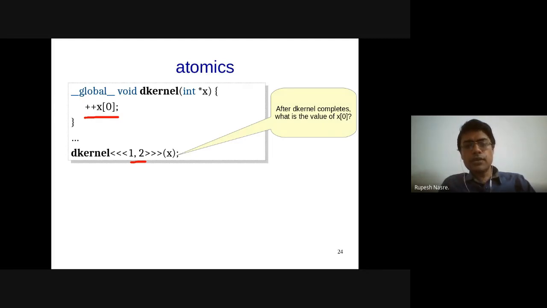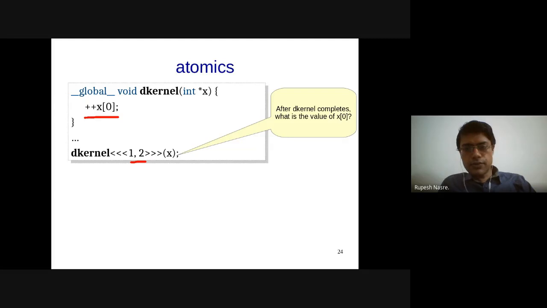Some of you can tell me what is the value of x of 0 after this kernel is finished. We can assume that it has the value 0 initially. Parth is suggesting 1 or 2, assuming that the value is 0.